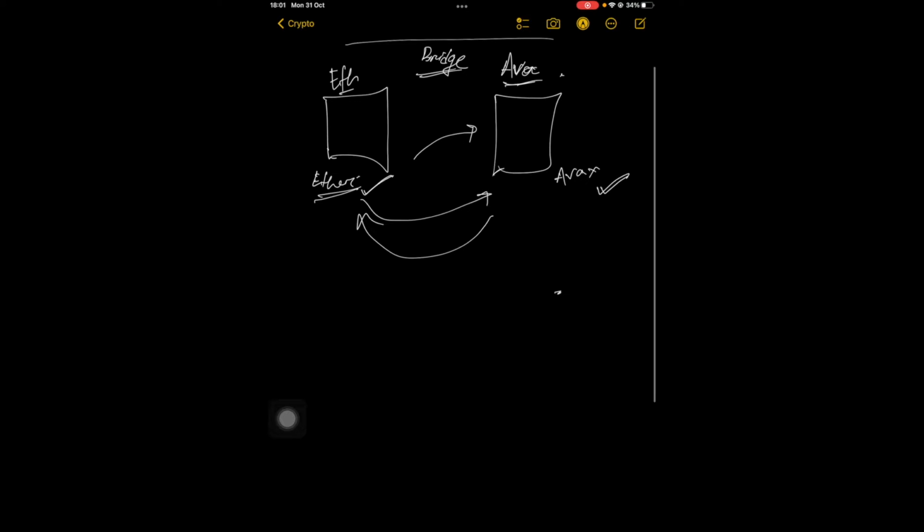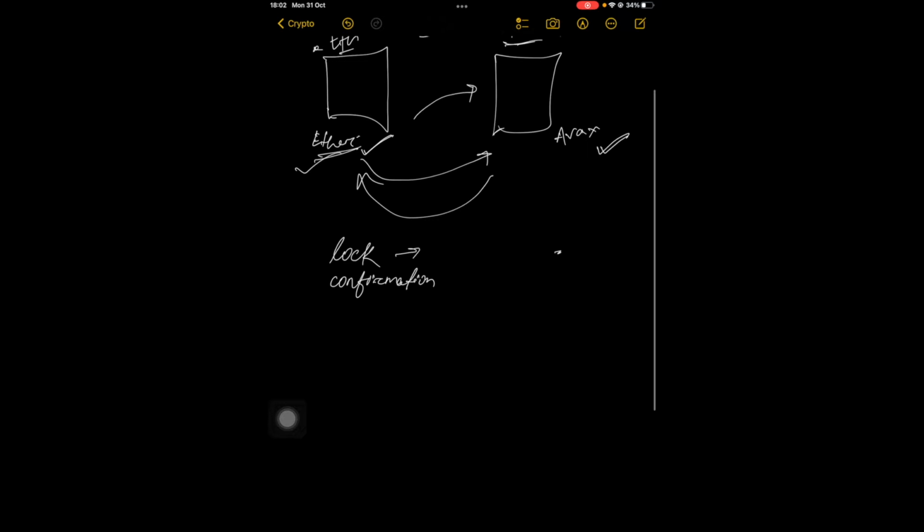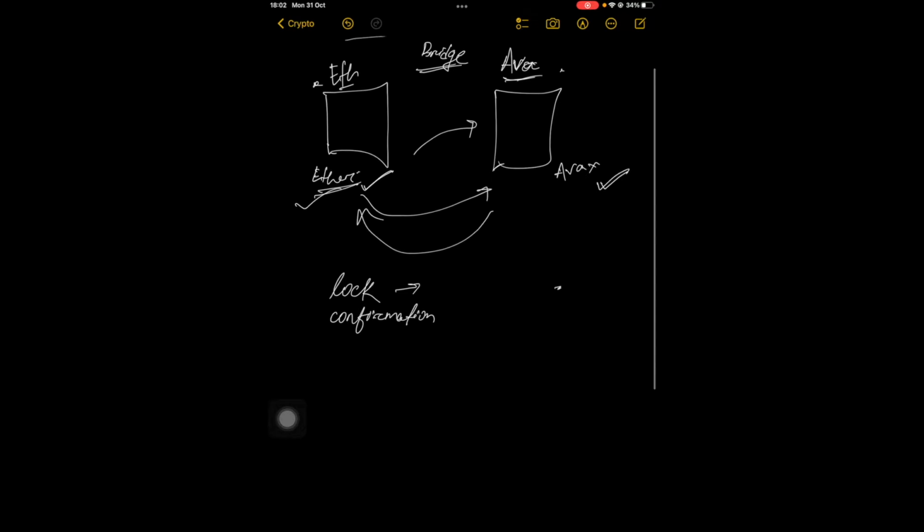At its core, if I have some Ether, I lock it inside a smart contract in Ethereum. Once it is locked, somebody checks for confirmation of that locking. Once it is fully confirmed that I have truly locked my Ether inside the Ethereum ecosystem, only then will I be given access to its corresponding tokens in the Avalanche ecosystem.